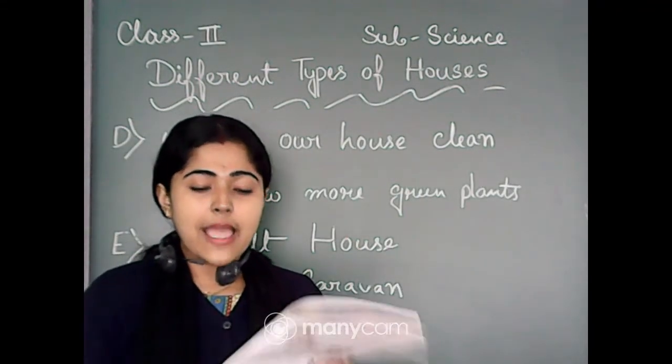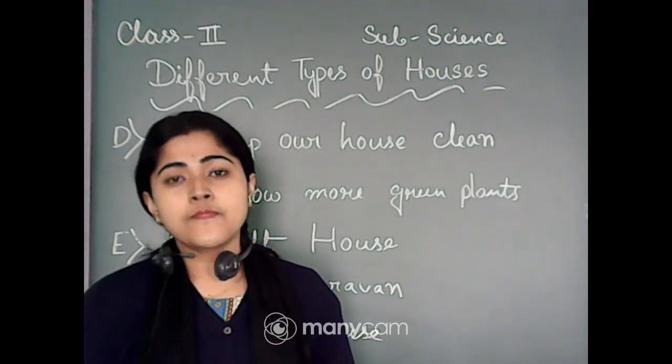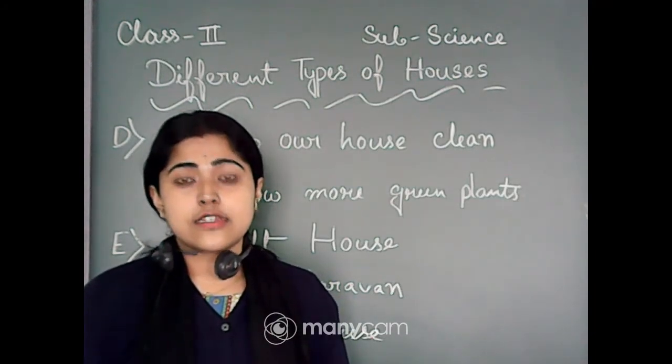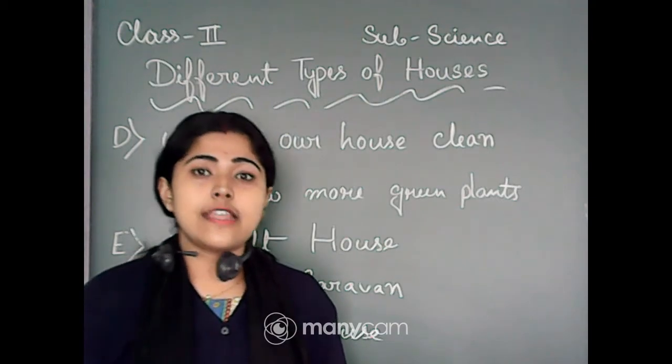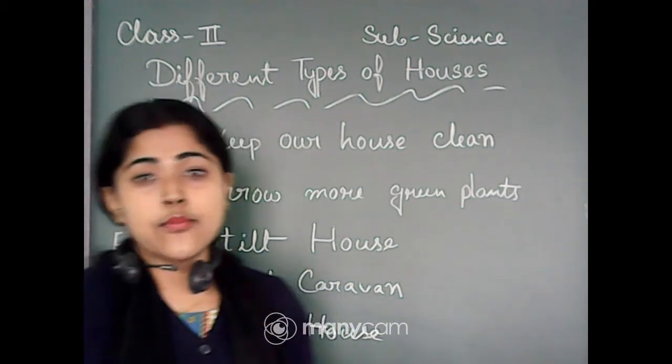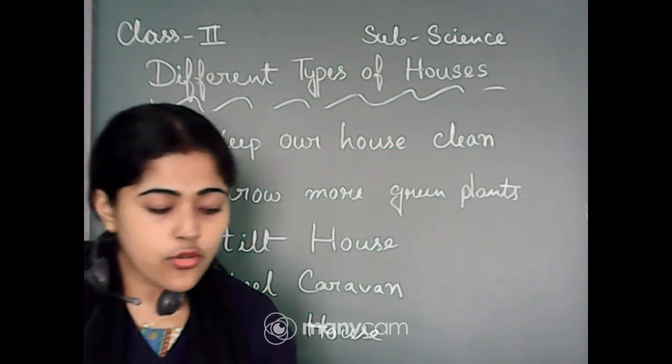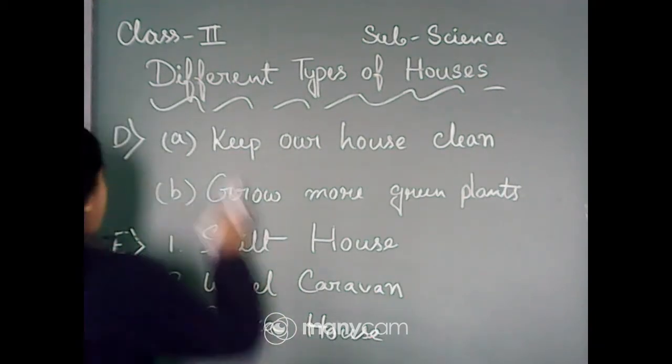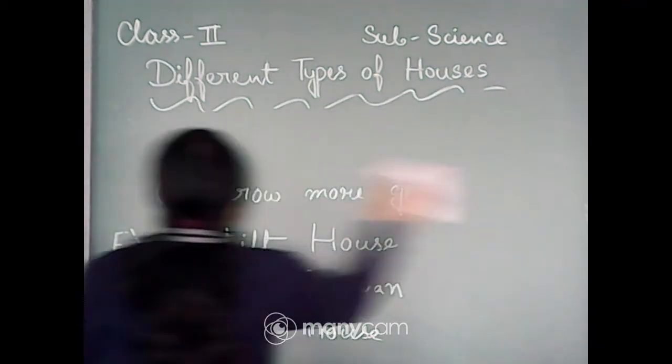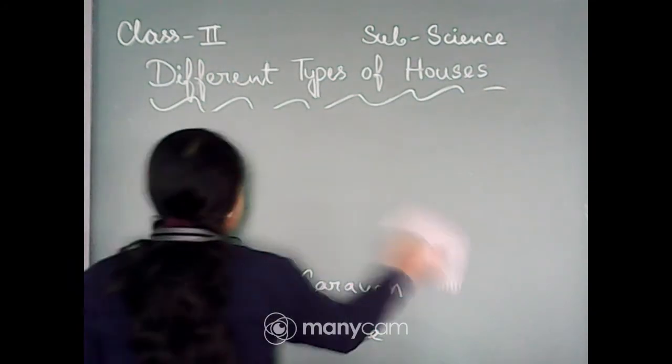So which value is shown by Priyanka? Is it kindness, is it care, is it selfishness, or is it teamwork? So let me know what the answer will be. Now I am erasing this and you choose the correct answer.